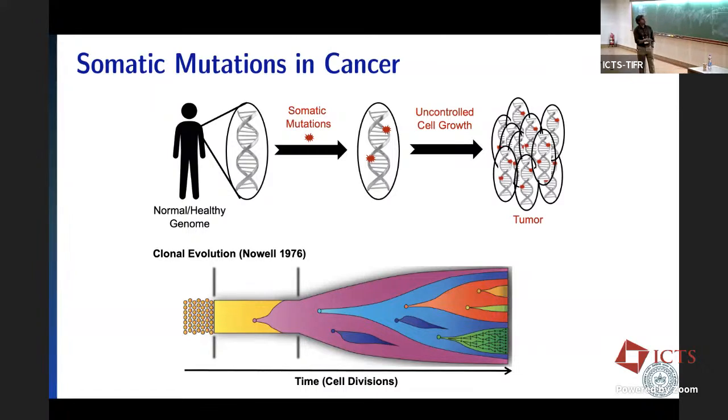We have a bunch of cells, these are in homeostasis, and suddenly there is a particular cell which has turned rogue by acquiring certain mutations, and then it basically starts proliferating much faster as compared to other cells, and then starts accumulating more and more mutations to create the tumor mass.